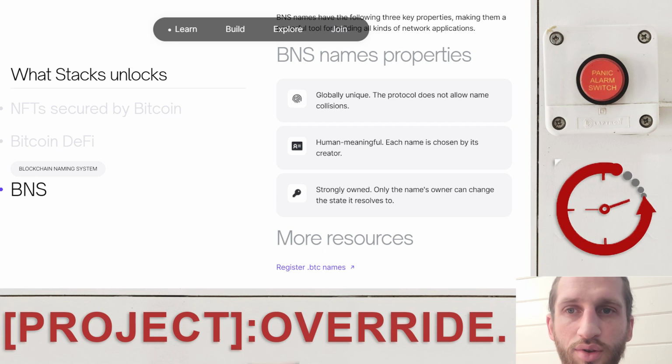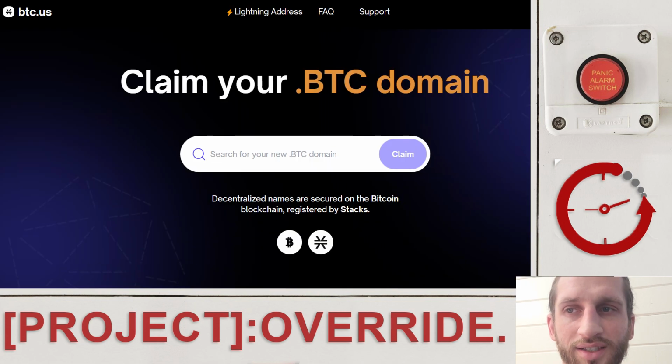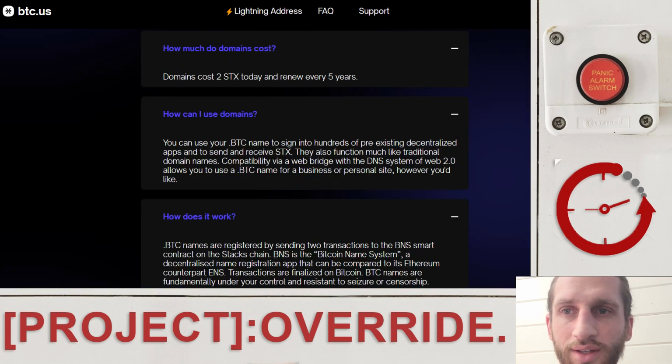Just like the others, you can buy your own .btc domain. It costs 2 STX tokens and renews every 5 years. So, you don't really own it outright. Just like Ethereum Name Service, you can receive Bitcoin to your .btc domain and have a website connected.